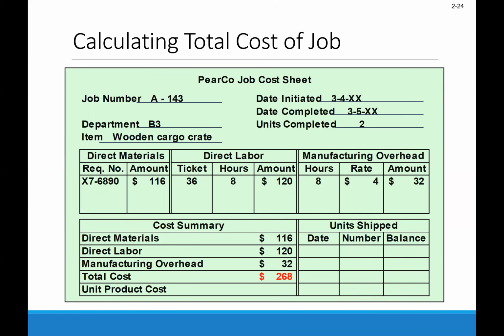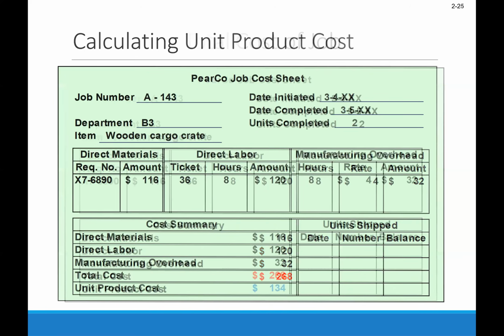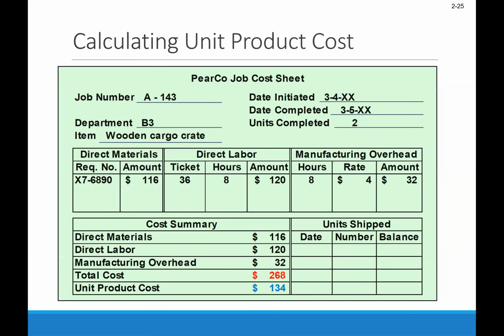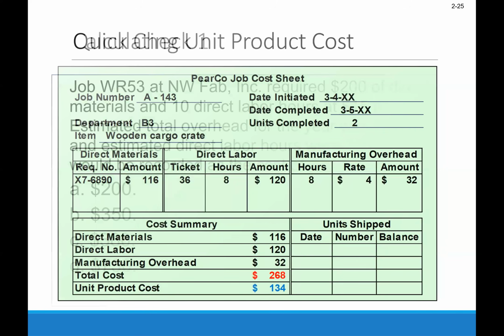So you see that the total cost for this particular job is $268. We take our direct materials, direct labor, and our manufacturing overhead we apply. We've got total cost of $268. But we had 2 of these units produced, so we break it down to a cost per unit of $134.